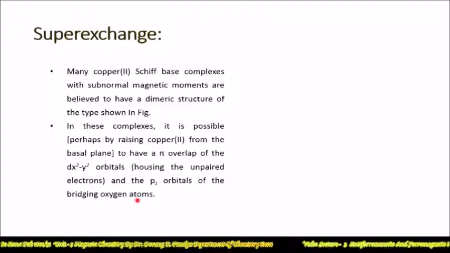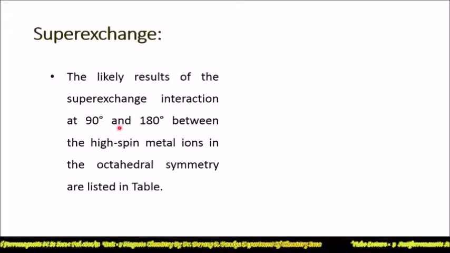to give antiferromagnetic behavior. The likely results of the superexchange interaction at 90 degree and 180 degree between the high spin metal ions in octahedral symmetry are listed in this table. d1 to d9: d1, d2, d3, d4, d5, d6, d7, d8 and d9 have ferromagnetic behavior.